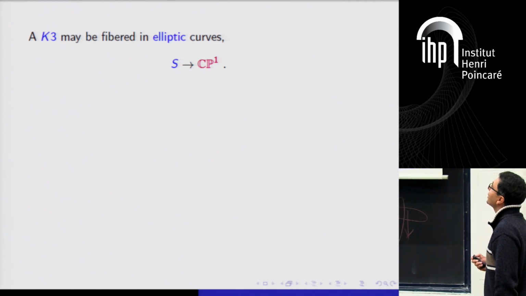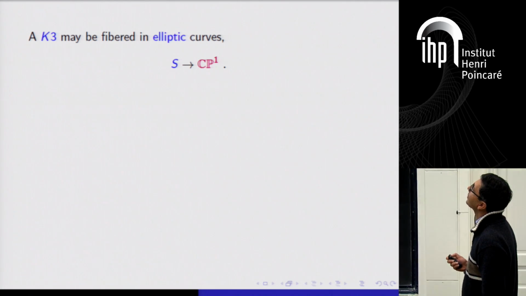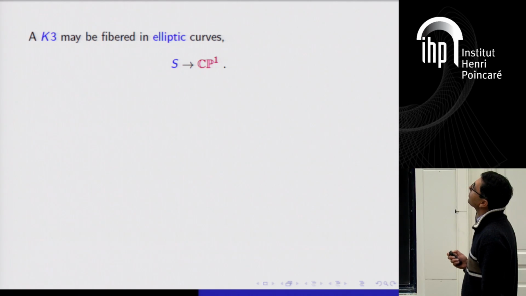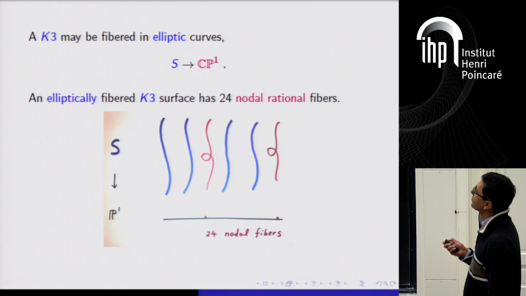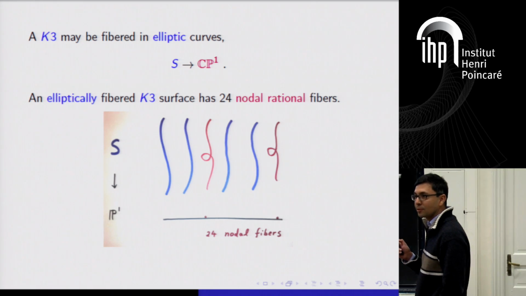The simplest way to count is that the K3 surface might be fibered in elliptic curves. This is a very nice example of K3 surfaces. You can have a K3 surface that maps to P1, and the fibers are elliptic curves. Then you can ask, how many of these fibers are rational? By Euler characteristic reasons, we know the Euler characteristic of this is 24, and it means that there are actually 24 fibers which are rational, 24 nodal fibers.